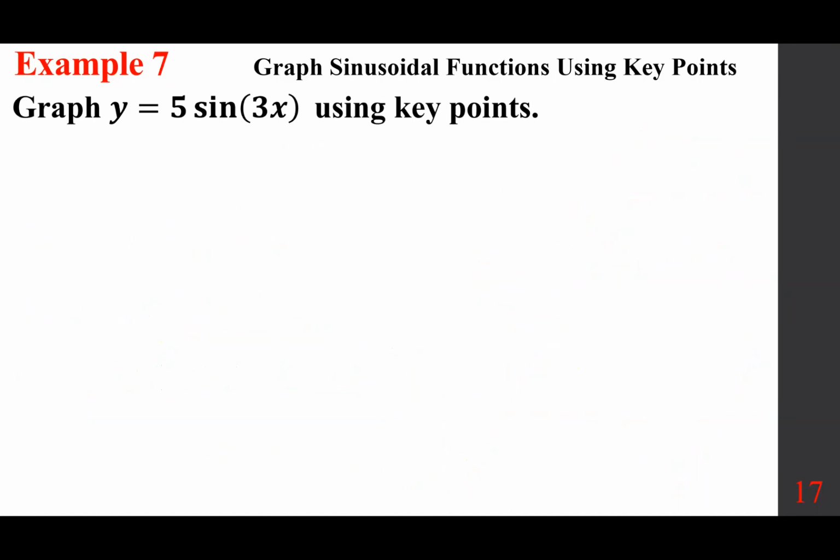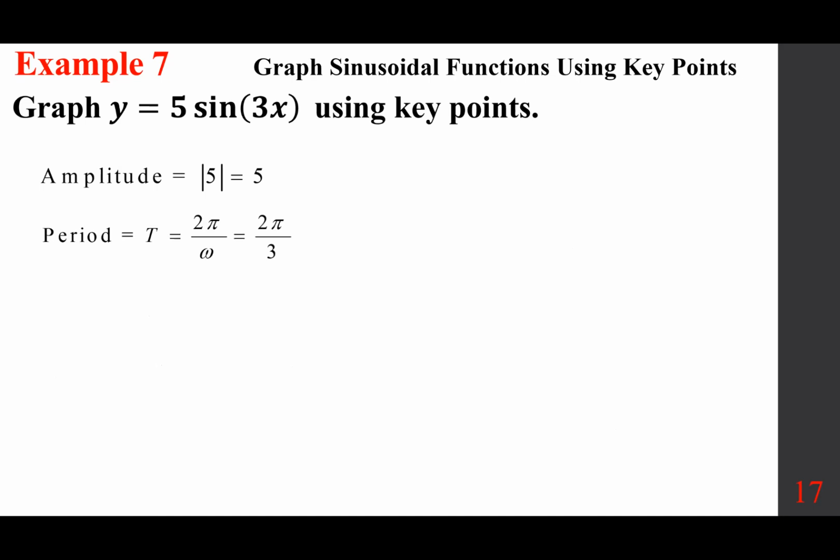All right, we want to graph y equals 5 sine 3x. Again, we're going to go through the same process of using the key points, noticing that the amplitude is 5, the absolute value of 5. And the period is 2 pi divided by 3.